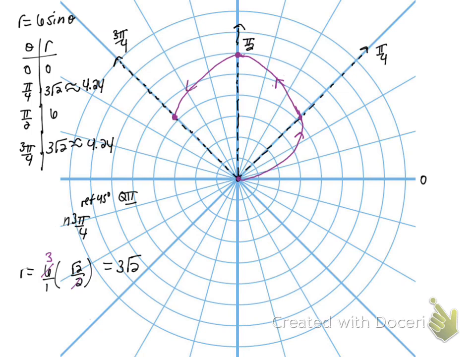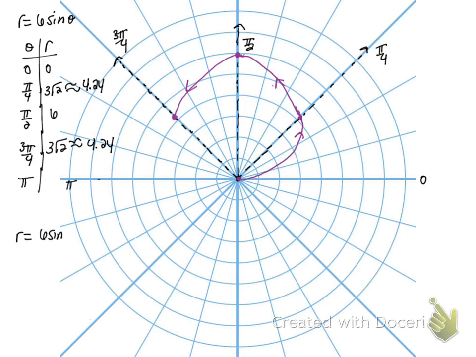And then last, just to complete it, another easy theta for me to pick would be pi. So that's going to be the next thing I plug into my equation. I'd have 6 times the sine of pi. And right here at pi, we know that point on the unit circle is (-1, 0). But again, we associate sine with the y-coordinate. So we're looking at 6 times 0, which is 0.